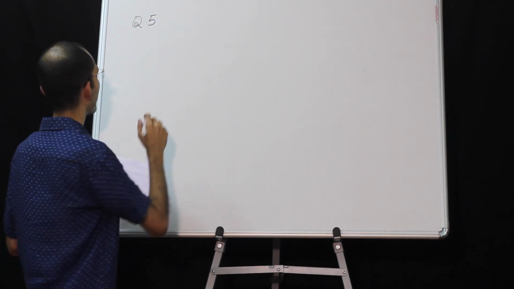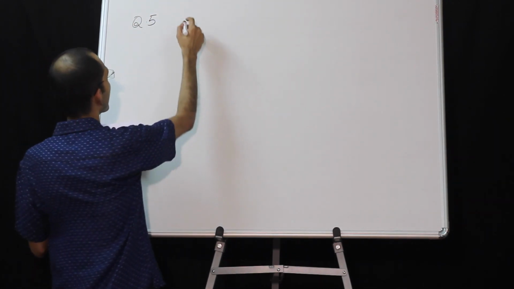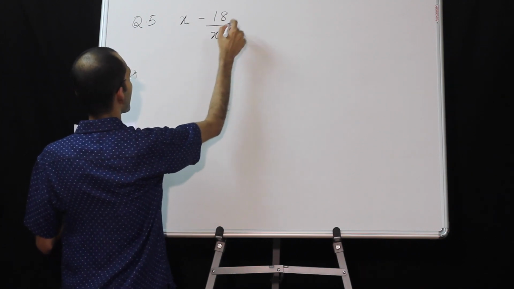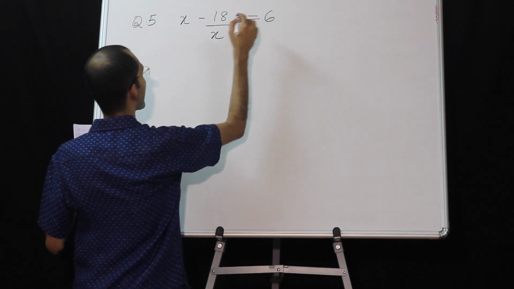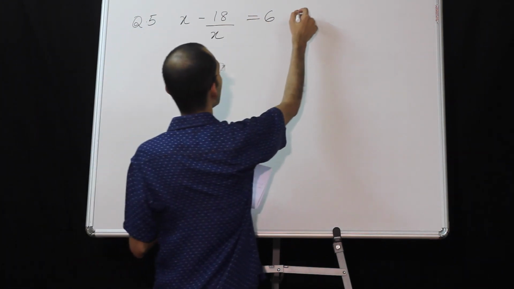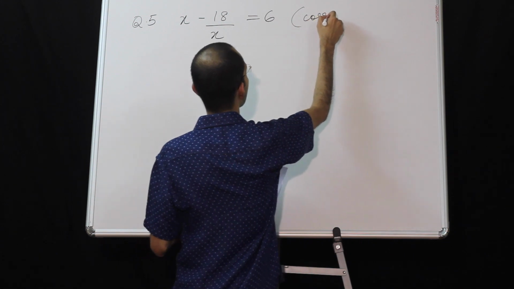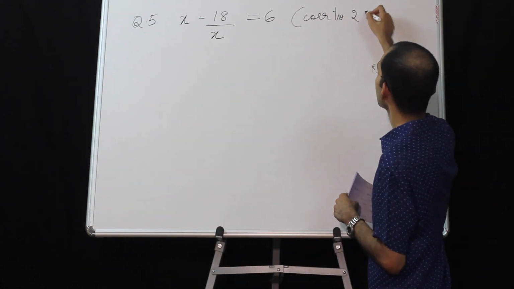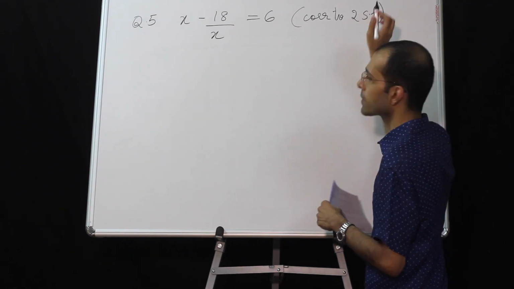Question 5. Solve for x. X minus 18 upon x equaling 6. Here you are asked to report your answer correct to 2 significant figures.